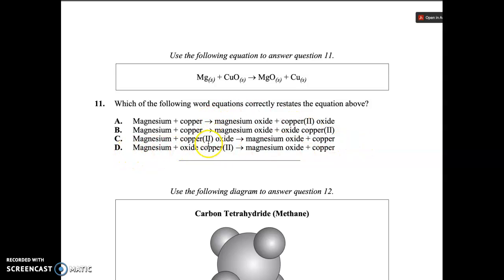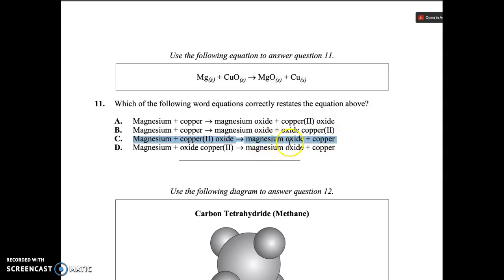We're not sure if it's copper oxide or copper 2 oxide, but it doesn't really matter because the 2 minus charge and 2 plus charge balance out to have no charge listed here. But this says just copper, so copper's on that side. So it's C for sure.